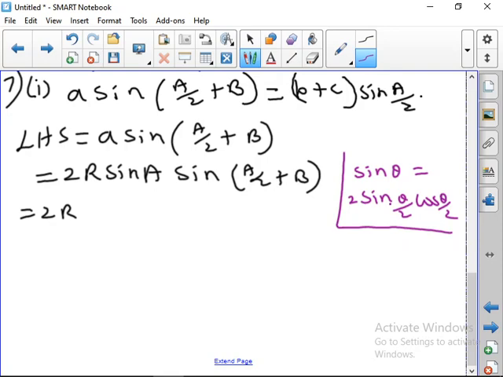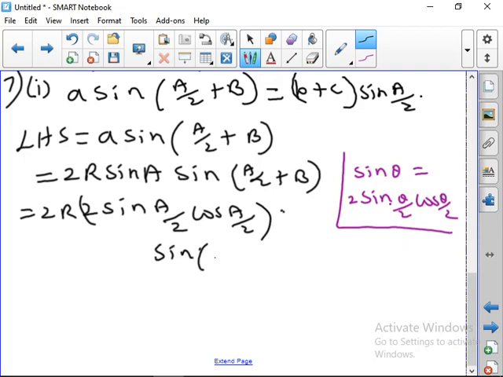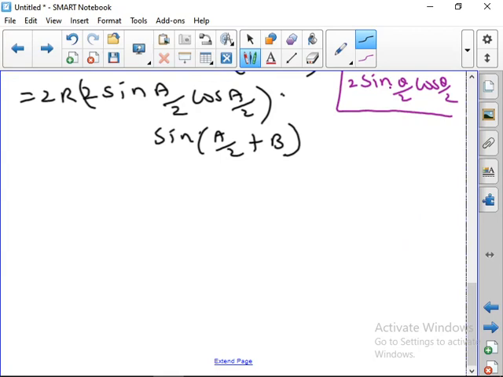So we write this as 2 sine A by 2 cos A by 2 into sine A by 2 plus B. Now, 2R into 2 will become 4R, and sine A by 2 we keep as it is.